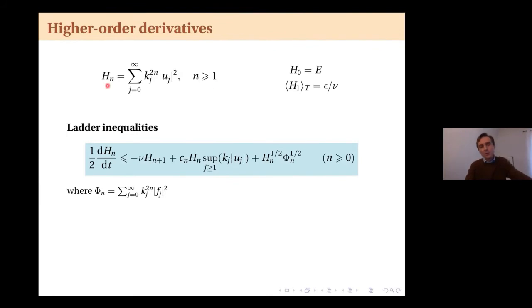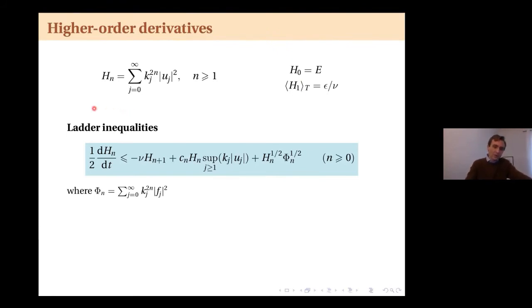In this sequence, the zeroth term is the total energy. The first term is the enstrophy, whose time average gives the energy dissipation. And of course, going up, one can have H2, which is palinstrophy, etc.